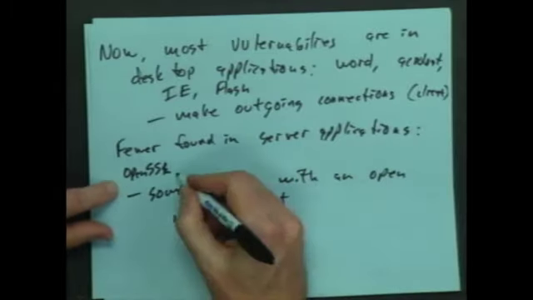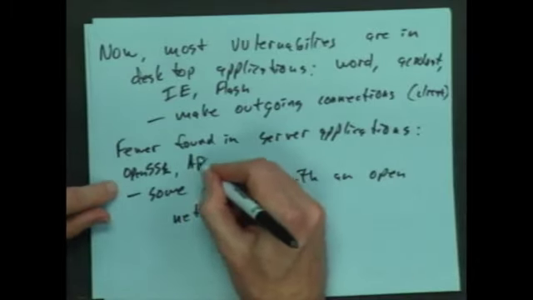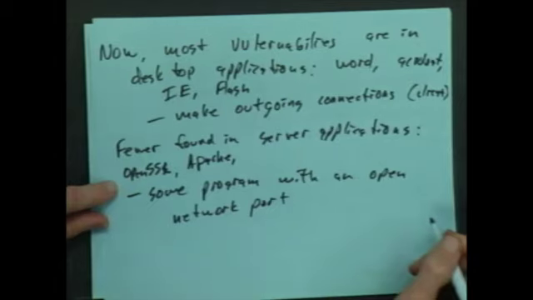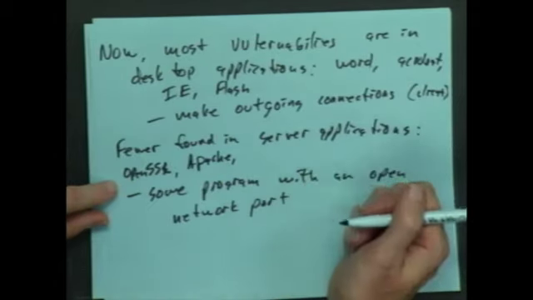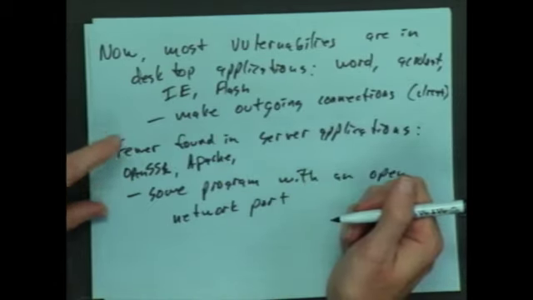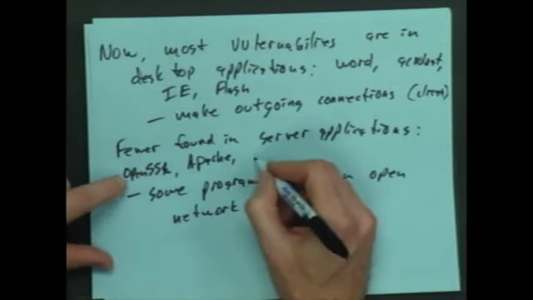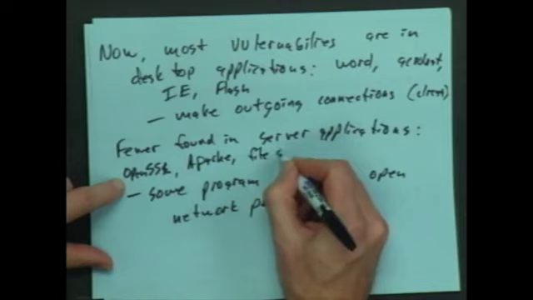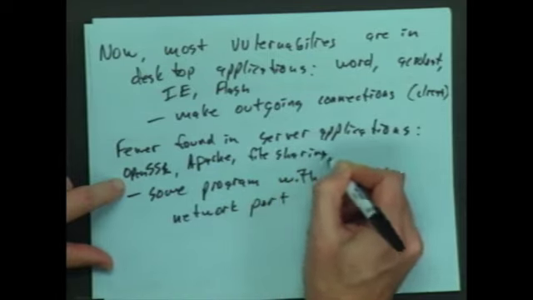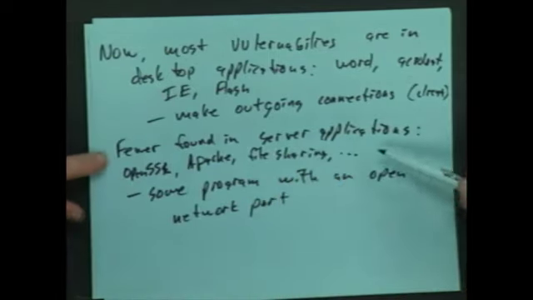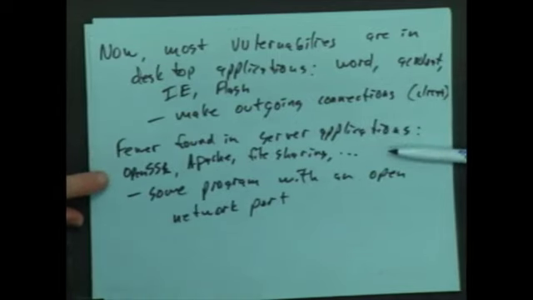So OpenSSL would be a server. Apache is a web server program. So stuff like that. There's like file sharing, indexing. But again, most of the server stuff is pretty buttoned up.